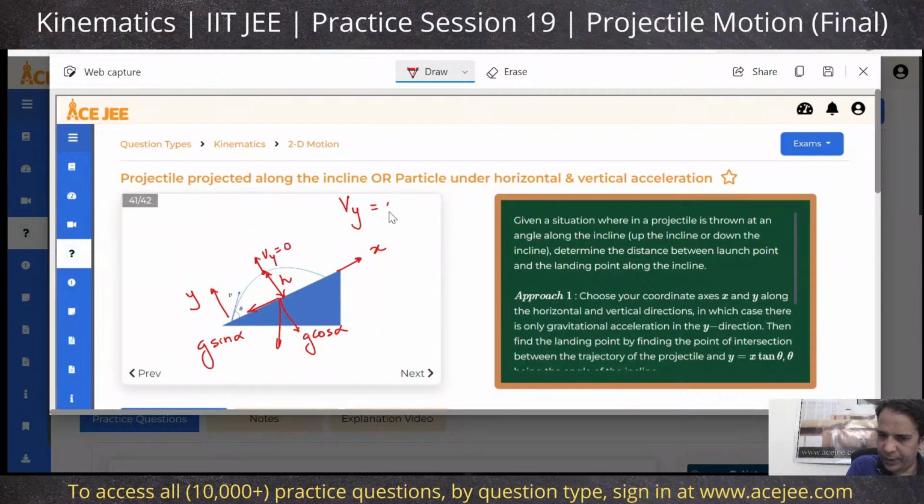If we use that, then the time it takes to reach that point is U sine theta divided by G cos theta. Take it, beta? Put this time t back in your equation for y(t) to get the maximum height.